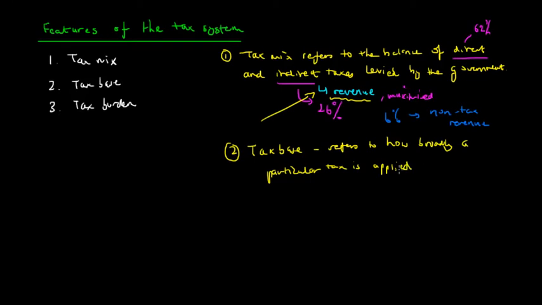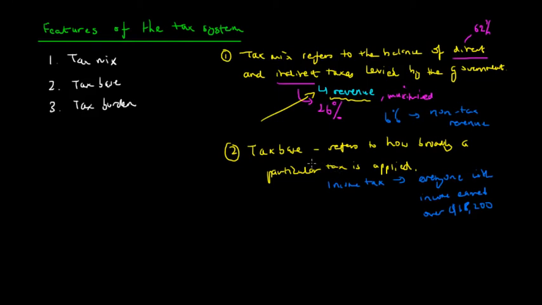For example, the tax base of personal income tax is everyone with income earned over $18,200 in a financial year.